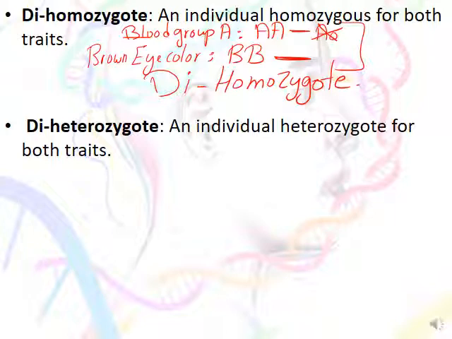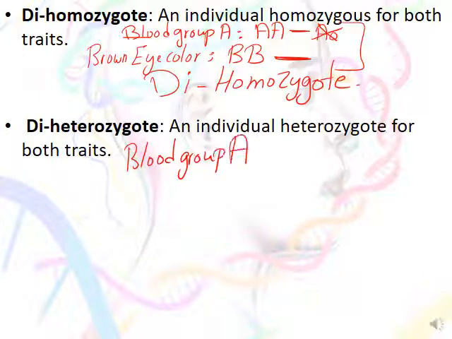While diheterozygous, what is the meaning of diheterozygous? It means that the individual is heterozygous for both traits, or has two heterozygous traits. For example, let's take the same blood group A. To be heterozygous, is it going to be AA?